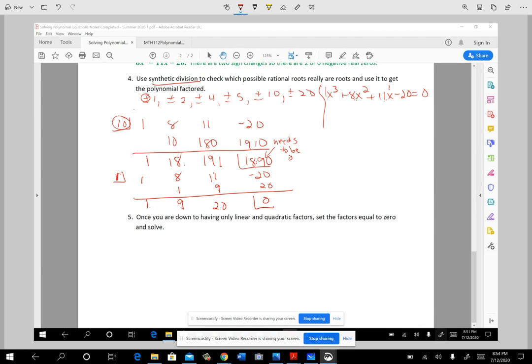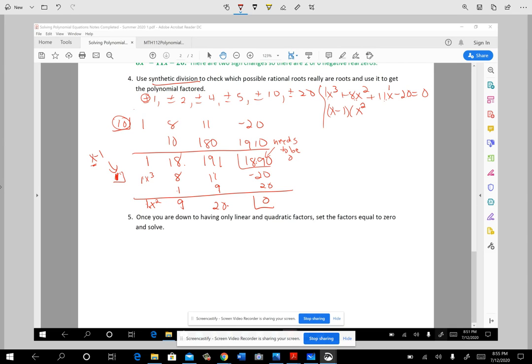If 1 turns out to be a root, it corresponds to the factor x minus 1. So that polynomial can be factored into x minus 1, and then this is where you get the other piece. Remember how this was really an x to the third? We were dividing by an x, so this is going to be an x to the second.